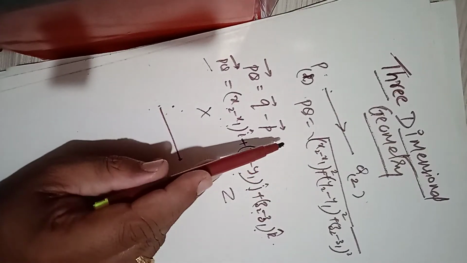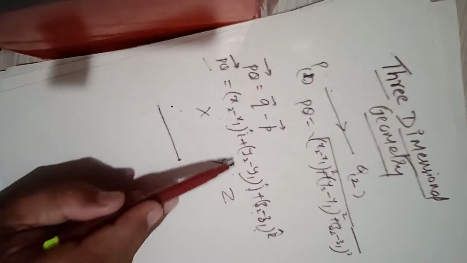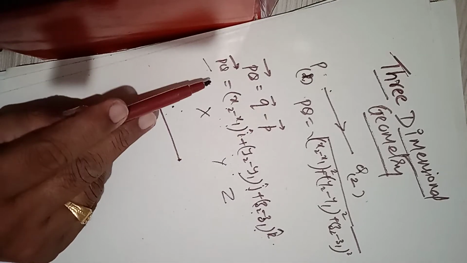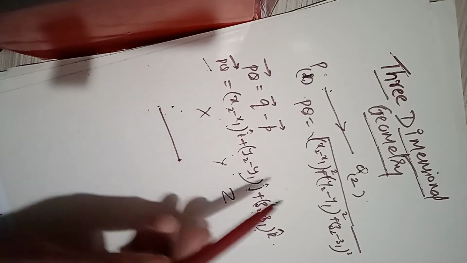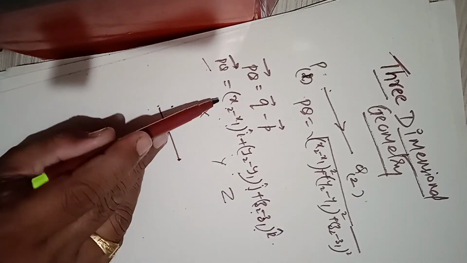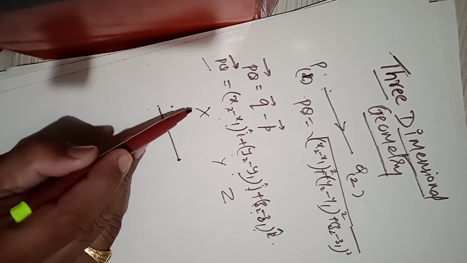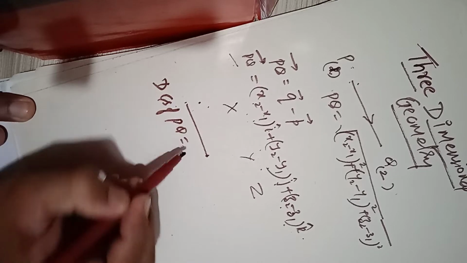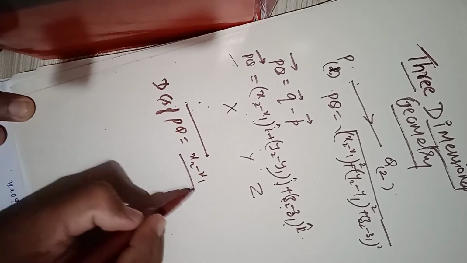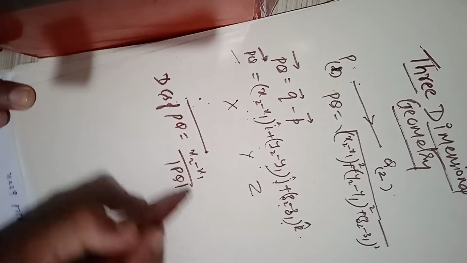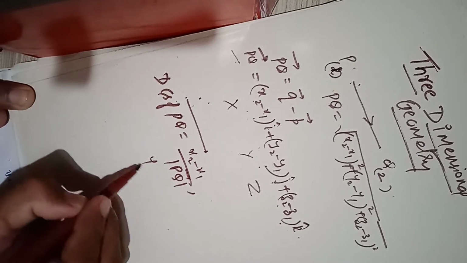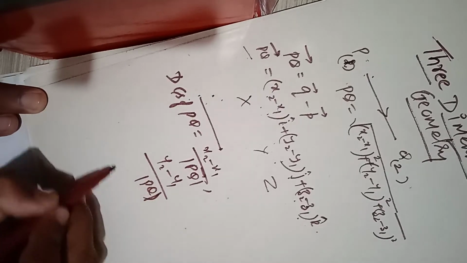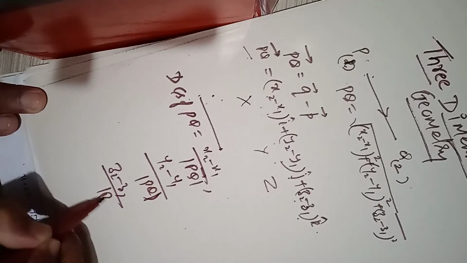and Q are nothing but x2 minus x1, y2 minus y1, z2 minus z1, which are the direction ratios of vector PQ, and direction cosines are nothing but what you get if you divide each direction ratio by the magnitude of PQ, meaning the DCs of PQ are x2 minus x1 divided by magnitude of PQ, y2 minus y1 upon magnitude of PQ and z2 minus z1 upon magnitude of PQ.